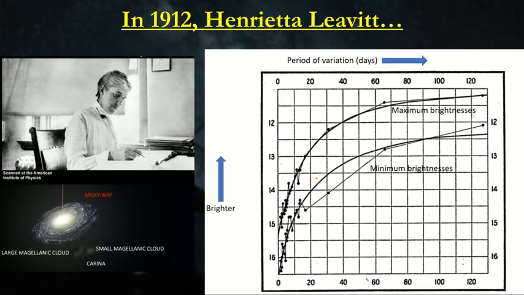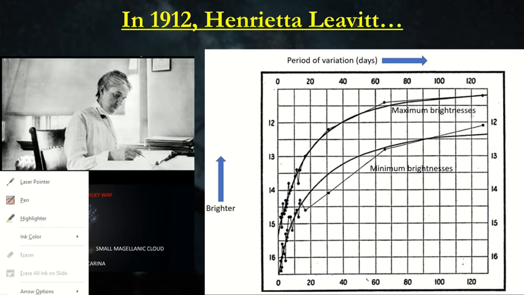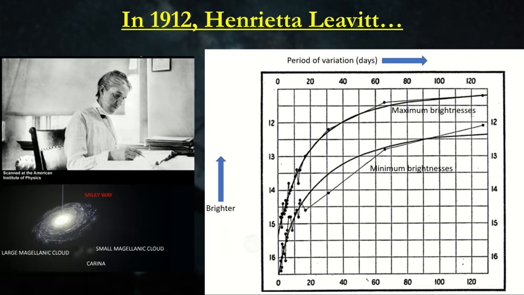Now, what she found is actually quite important. Okay, so what she actually found was similar bright stars, so stars with a similar type of brightness, had the same kind of fluctuating patterns. So the brighter the star, the longer the fluctuation in which the brightness of the star goes from bright to dim.